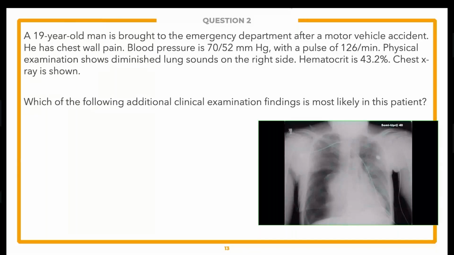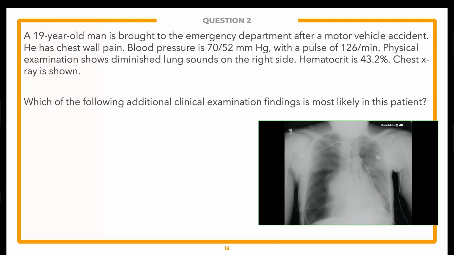So let's read that lead-in. Which of the following additional clinical examination findings is most likely in this patient? Reading that lead-in and seeing the x-ray, you've already got quite a bit of context to bring to the vignette. So let's read that now.